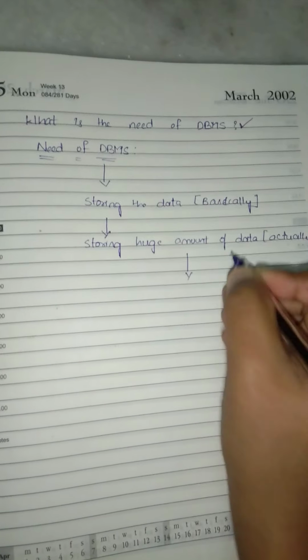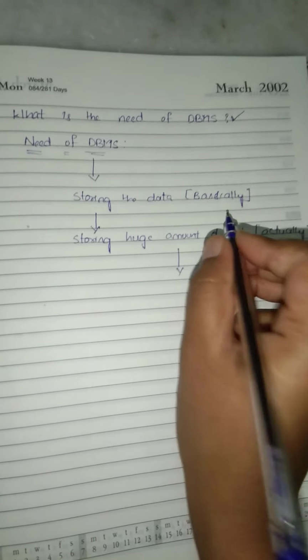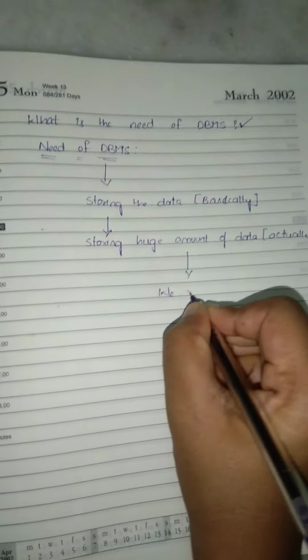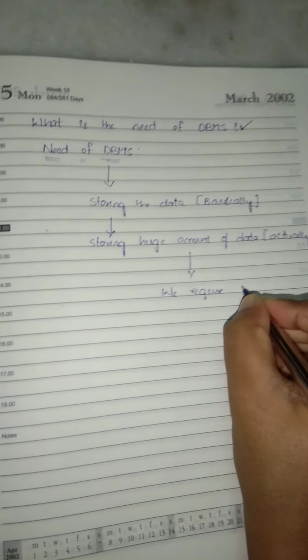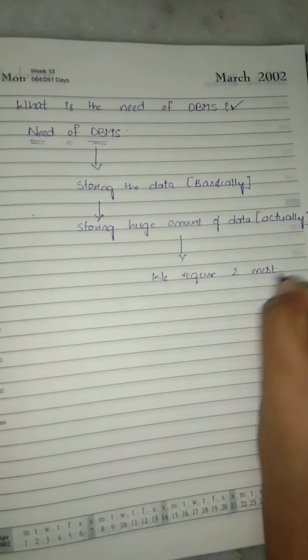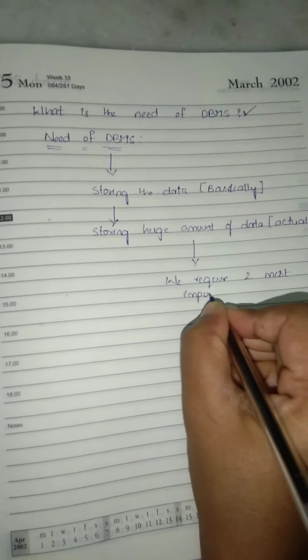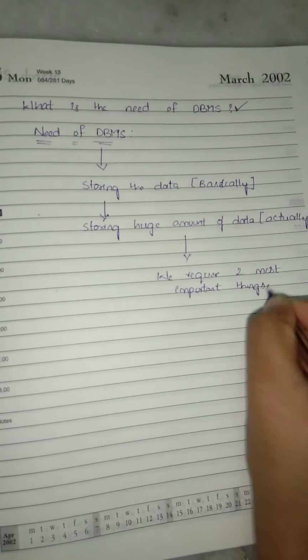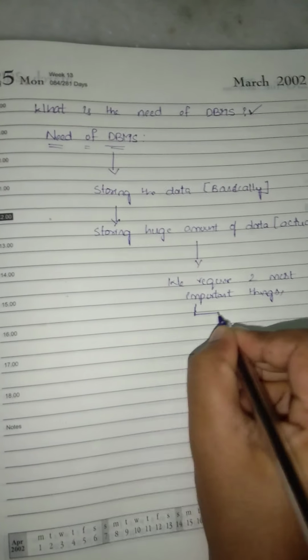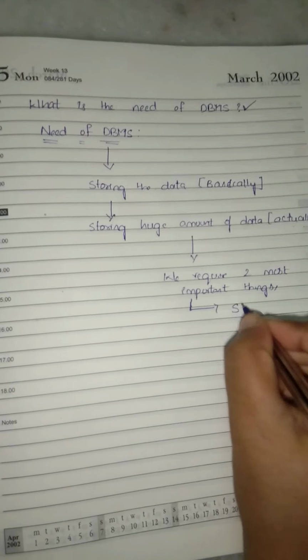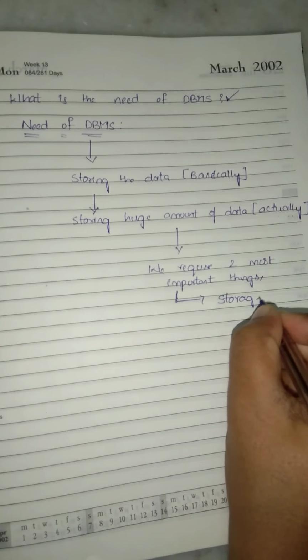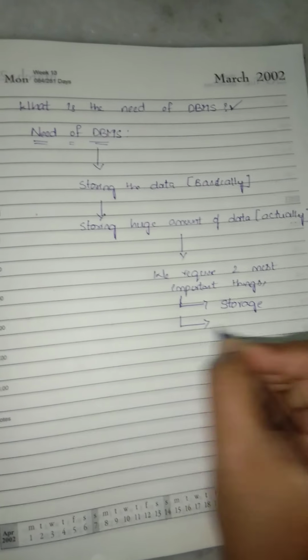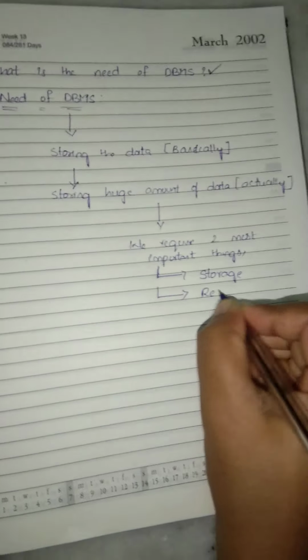To store this huge amount of data, we require two most important things. One is storage and the other one is retrieval of data.